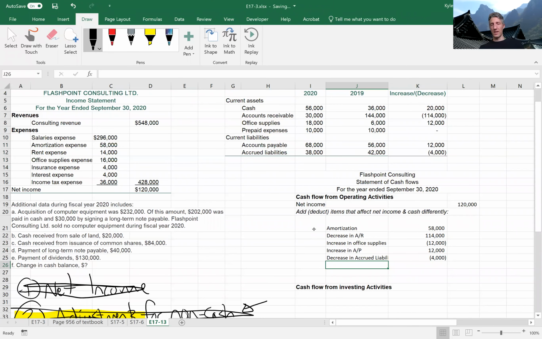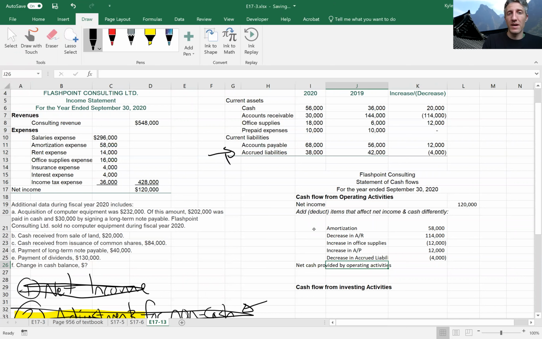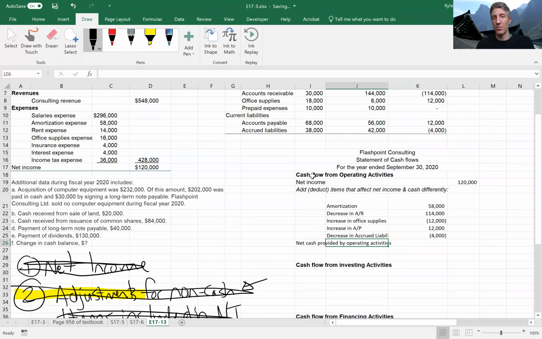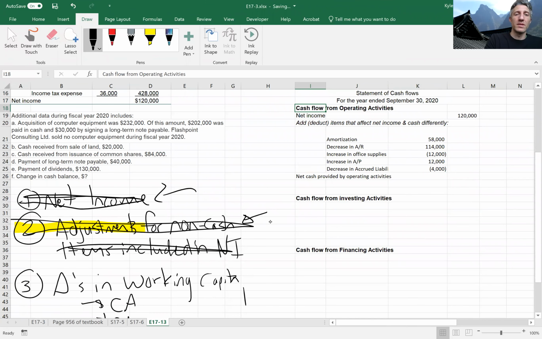And then I can say net cash provided by operating activities. I'm done because accrued liabilities was the final line item on the balance sheet. And we only had 3 steps of doing the cash flow from operating activities, right? We started with net income. We did the adjustment to non-cash line items on the income statement.